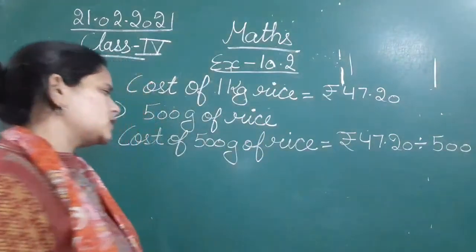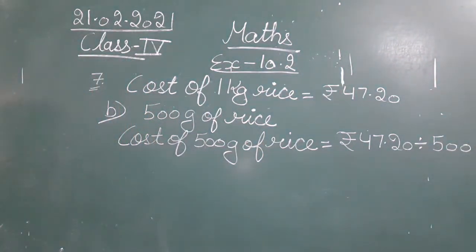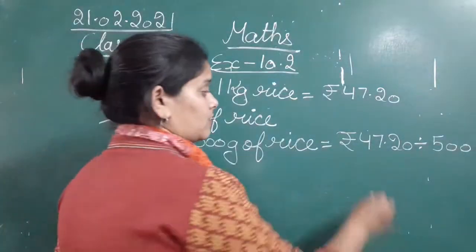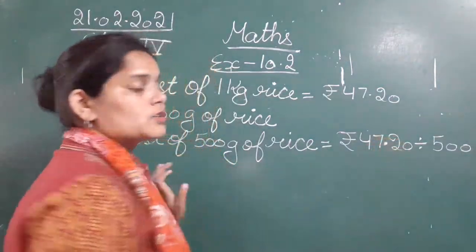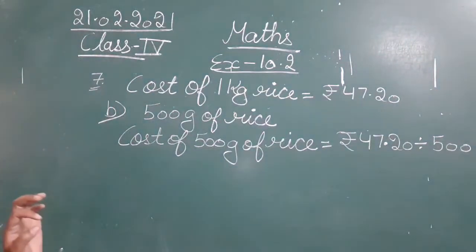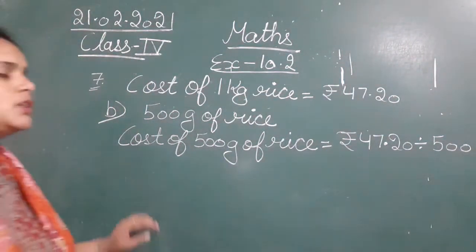Okay, so for calculating the cost of 500 gram of rice, we will divide the cost of 1 kg rice with 500. Okay, so let's divide 47 rupees and 20 paise with 500.